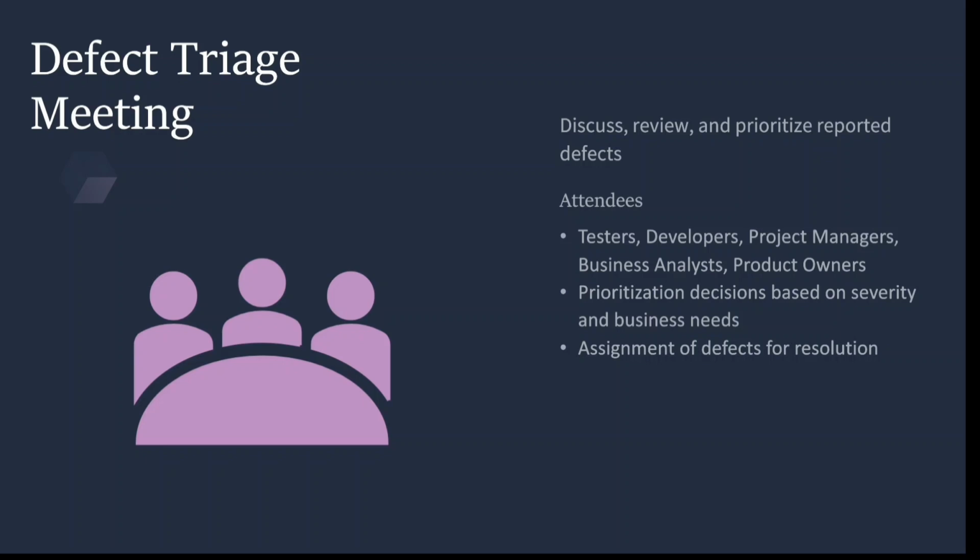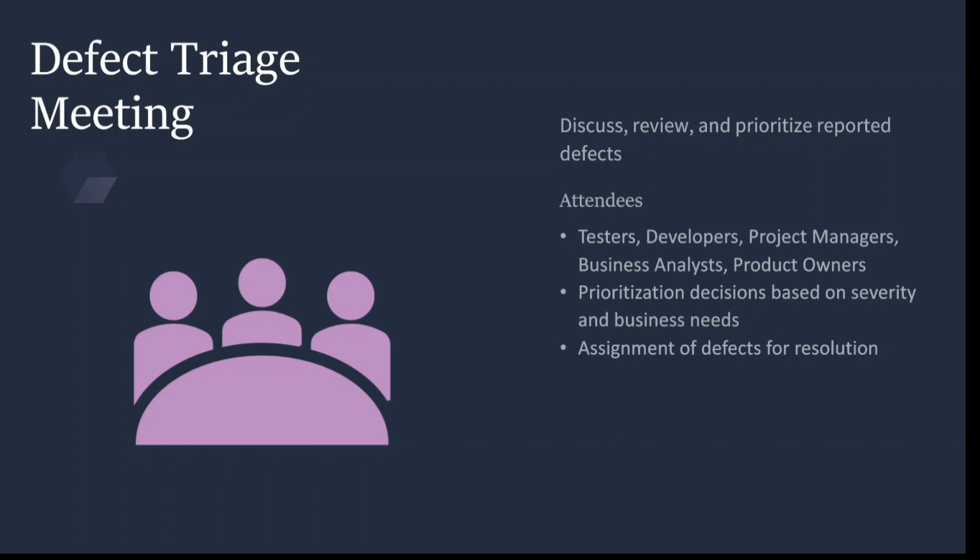Here the most important persons are the tester, developer, project manager, business analyst, and product owner. All teams should be present here. This information will be shared with all those people who handle the project. That way, everyone has the information on what defects need to be fixed.